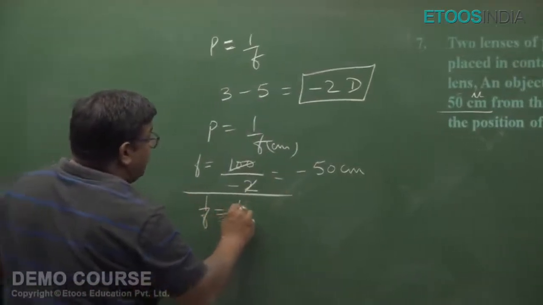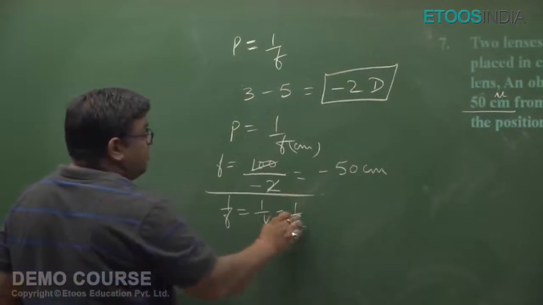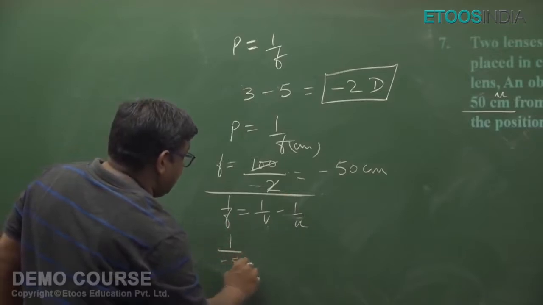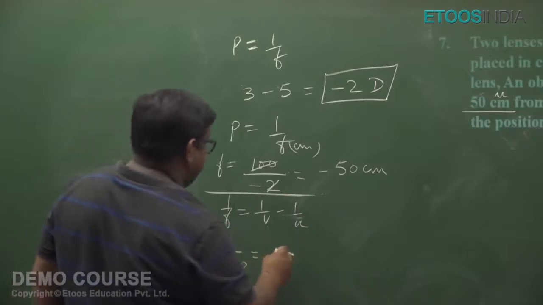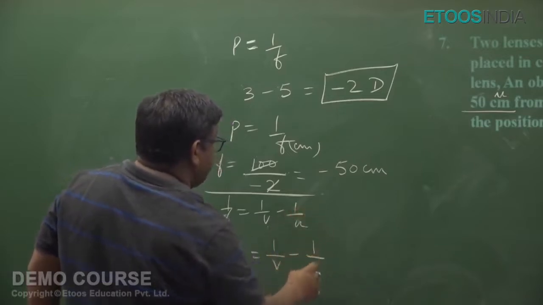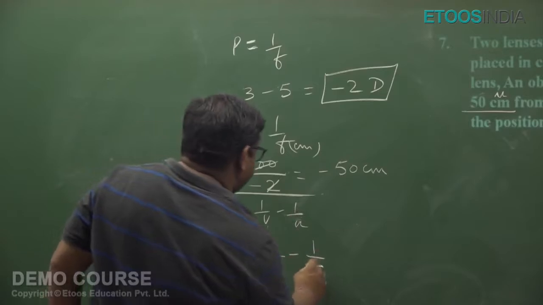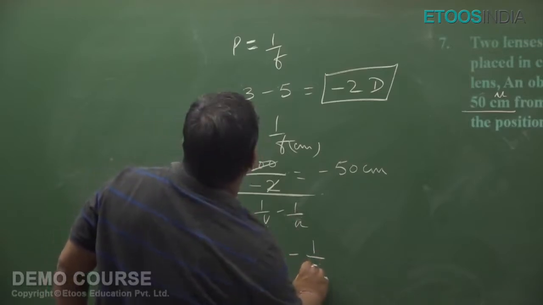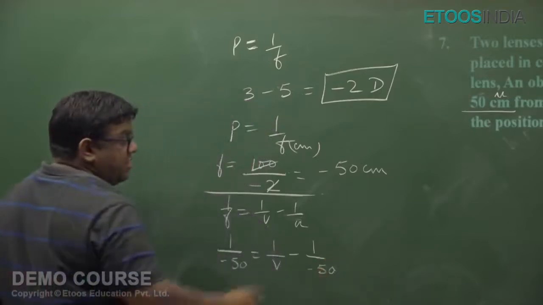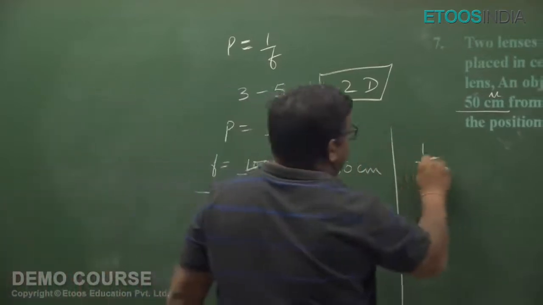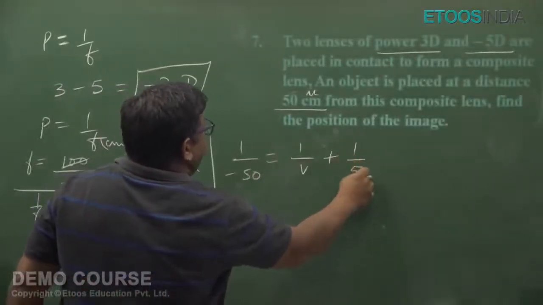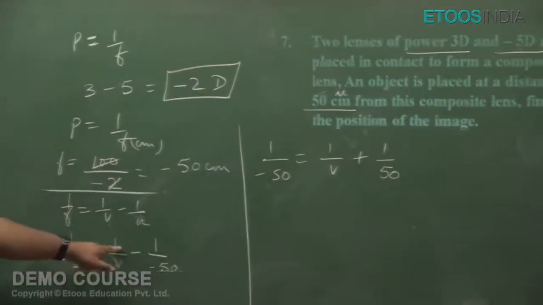1 upon f is equal to 1 upon v minus 1 upon u. Got it? What is v here? We have to find out. What is u here? It is again minus 50. So while solving it, minus 1 upon 50 is equal to 1 upon v plus 1 upon 50, as minus minus becomes positive.